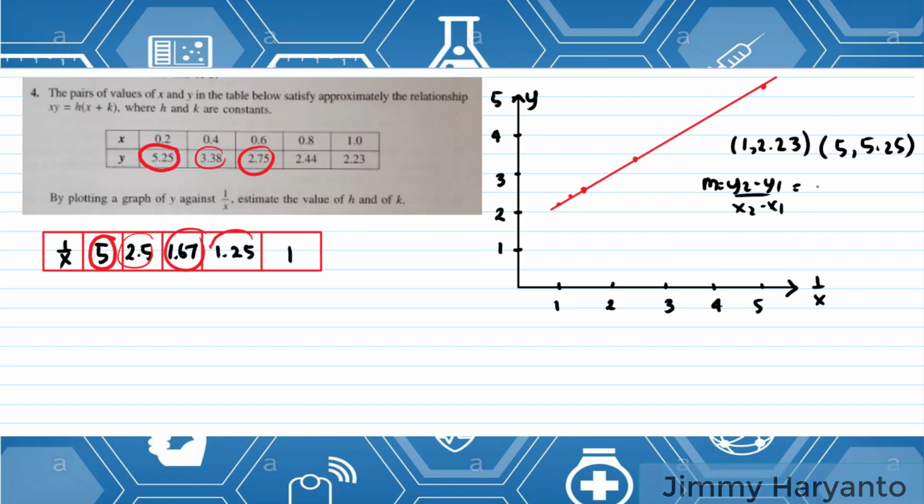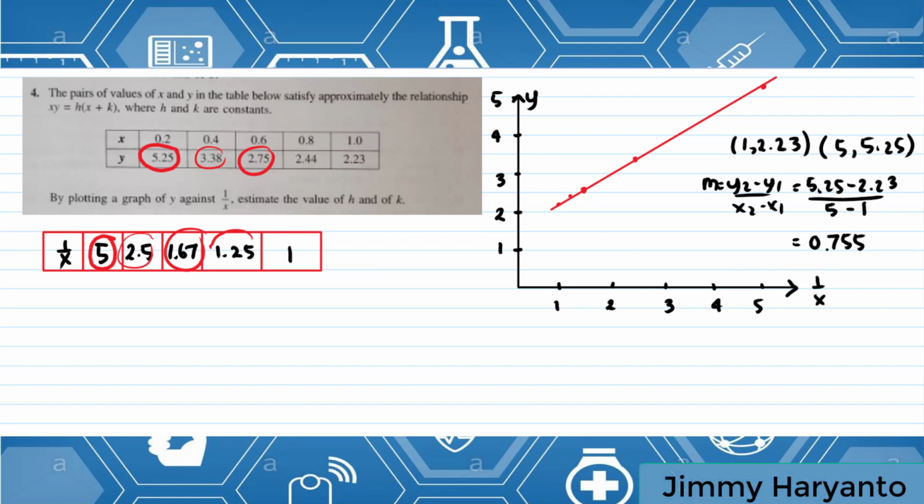The y2 is 5.25 minus 2.23 over x2 5 minus x1 is 1. The result is 0.755. This is the gradient.